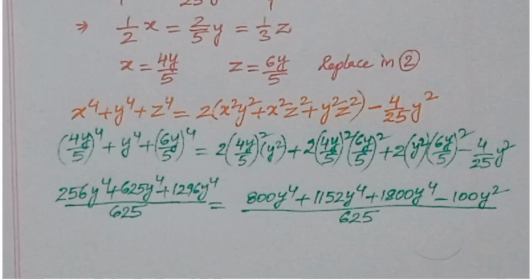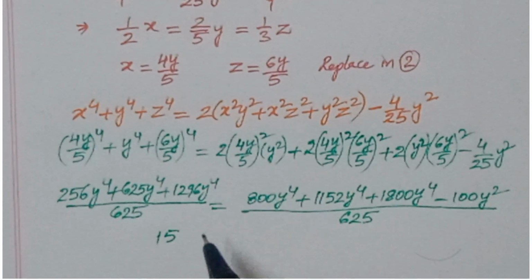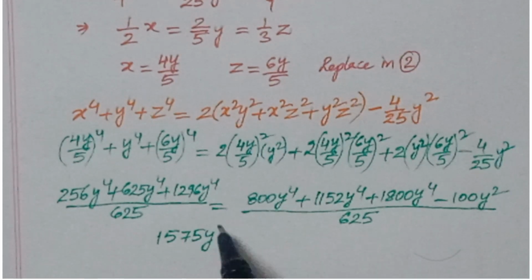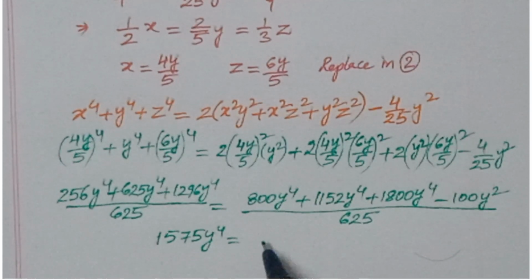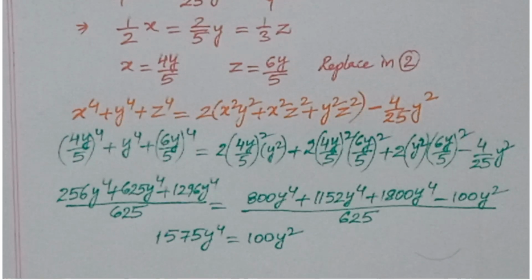So if you solve this, here you'll get 1575 y to the power of 4 is equal to 100 y square.